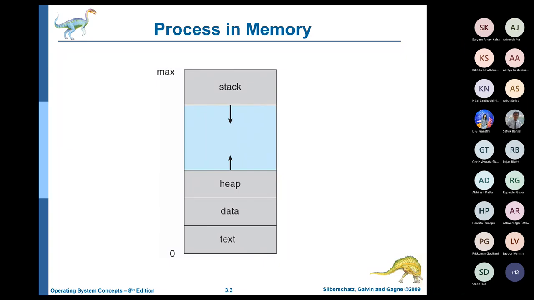There are several portions. The lower addresses typically are reserved for the text segment of the program. The text segment is basically the collection of instructions. Then you have the data segment, the portion that holds the global variables and statically declared data. Then you have the heap, which is the portion from which you dynamically allocate memory. And at the top is the stack.